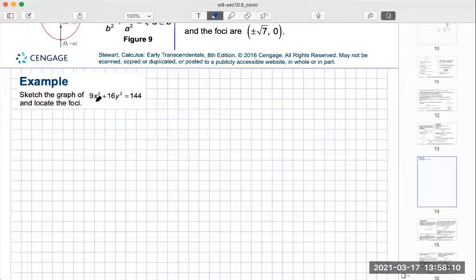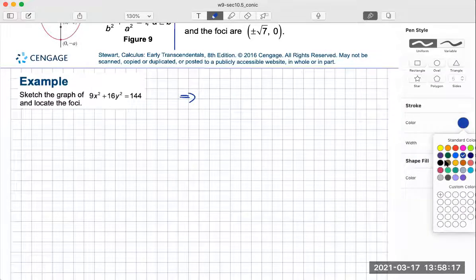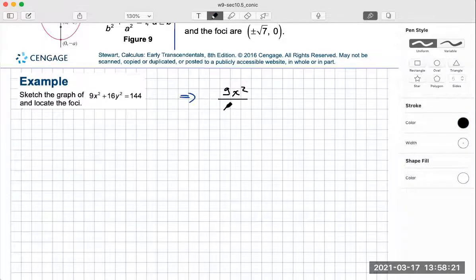So it means that we need to divide both sides by 144, right? It means 9x squared we divide by 144 plus 16y squared we divide by 144 is equal to, the right hand side is 1.